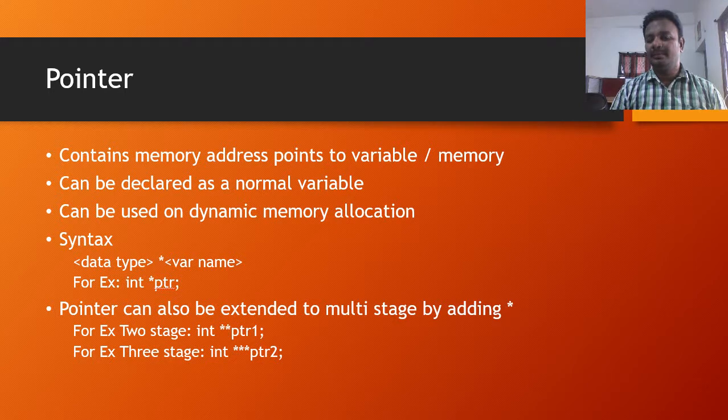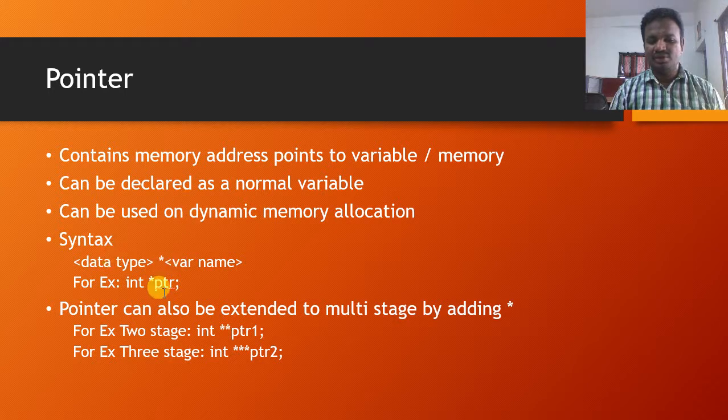Similar to our array, which can be single dimensional or multi-dimensional, the pointer can also be single or multi-dimensional. Here we can see how we can access the pointer in C programming, how it points to the memory location.